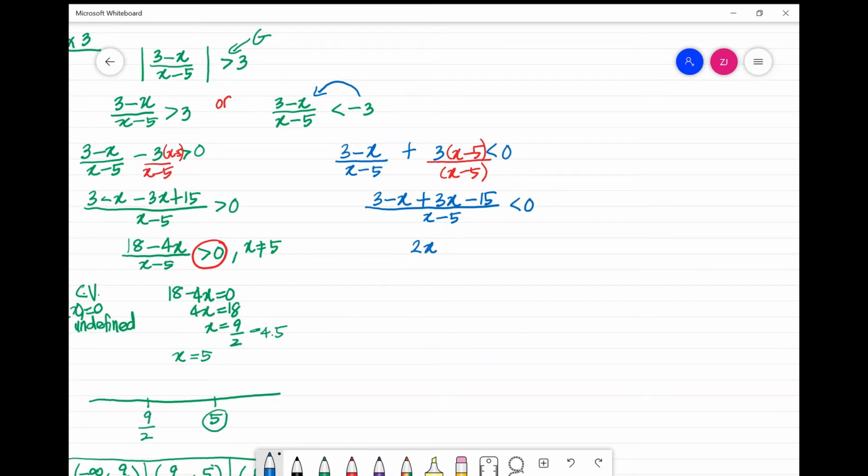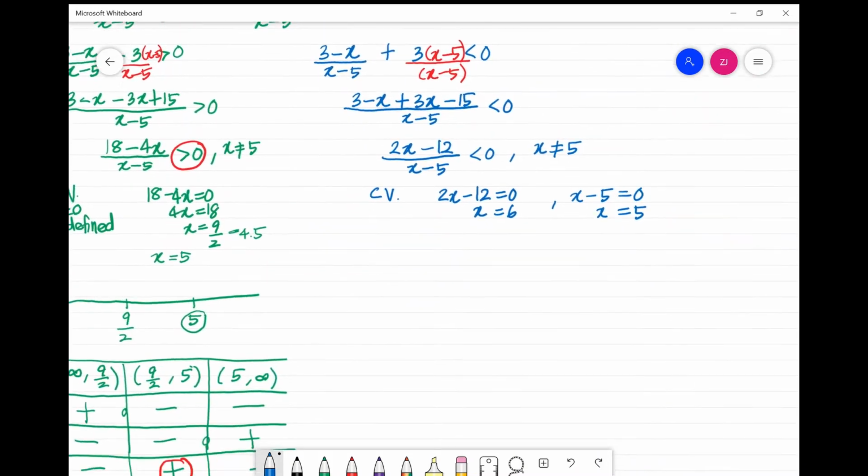We will have 2x minus 12 over x minus 5 less than 0, provided that again x cannot be 5. So now find critical values. We get 2x minus 12 equals 0, x equals 6, and x minus 5 equals 0, x equals 5. So we have two critical values.